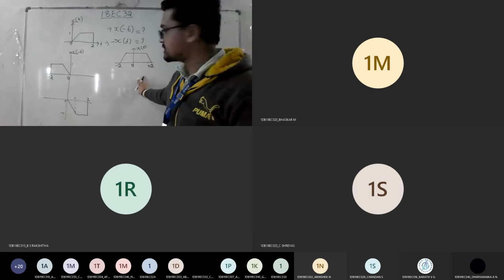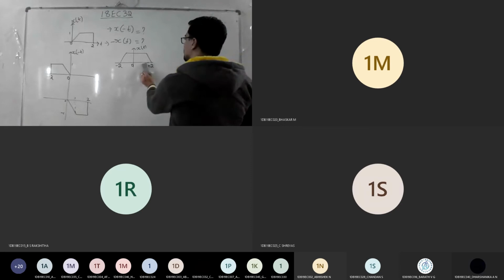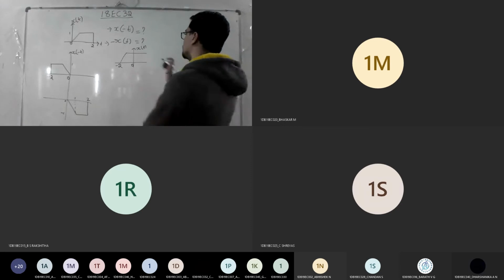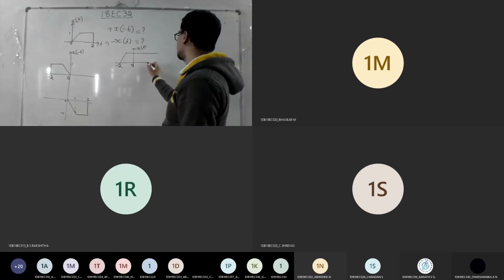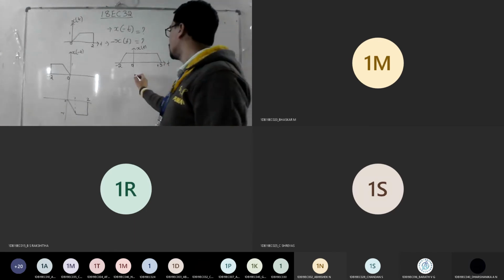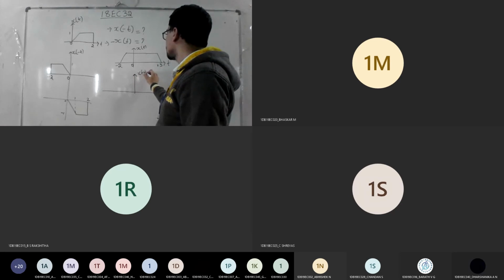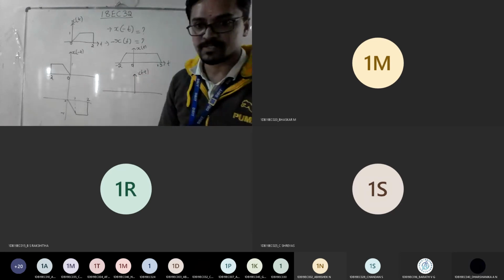So what is x of minus t now? How does it look? Let me change this. Assume that I have given the signal till +3. Now tell me, what is your x of minus t? How will x of minus t come?